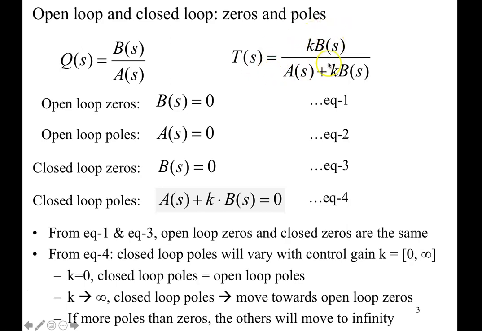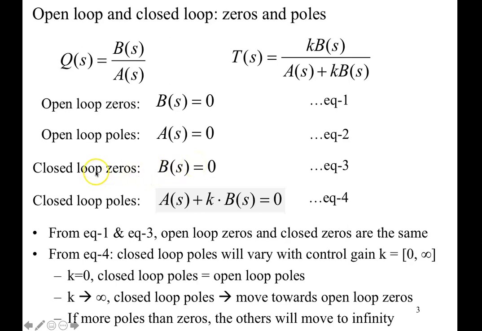Now on the right hand side, I have the closed loop transfer function. Again, if I equate numerator terms to 0, that's K times B(s) equal to 0. K is a constant, so it's the same as B(s) equal to 0. That will give me equation number 3. Okay, now if you look at equation number 3 and compare that with equation number 1, they are the same.